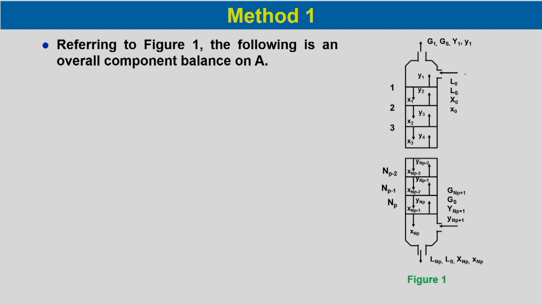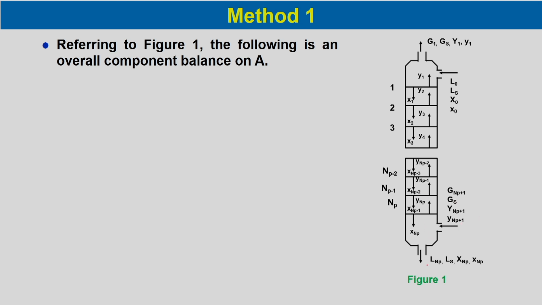The liquid entering at the top at a flow rate of L naught, and Ls is the molar flow rate of the liquid on a solute free basis, and capital X naught is the mole ratio basis and small x naught is the mole fraction basis. Similarly, the gas which is entering at the bottom is Y N P plus 1, it is entering to plate N P, and gas flow rate is G capital N P plus 1 and G S is based on the solute free basis.